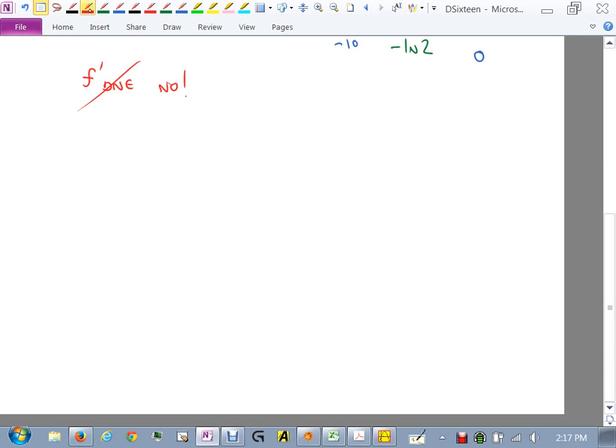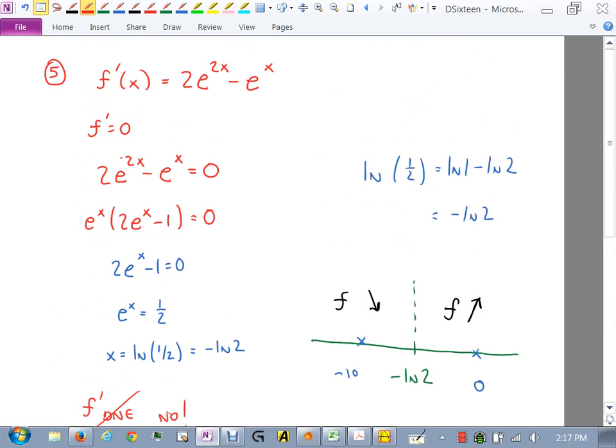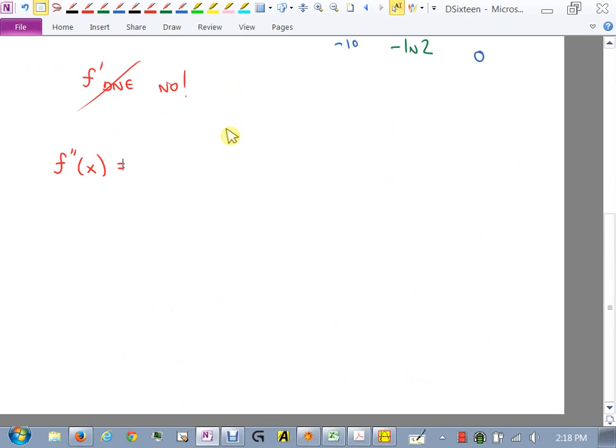All right. What do we need to do now? Second derivative, right? And do the concavity thing. So the second derivative is what? 4e to the 2x minus e to the x? Set that equal to 0. When I set that equal to 0, can I factor an e to the x out right now? All right?